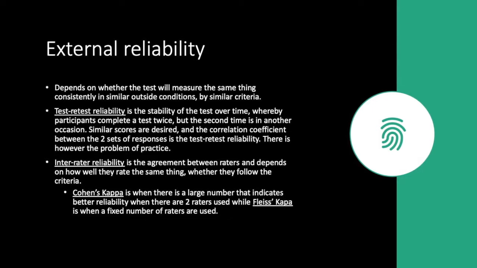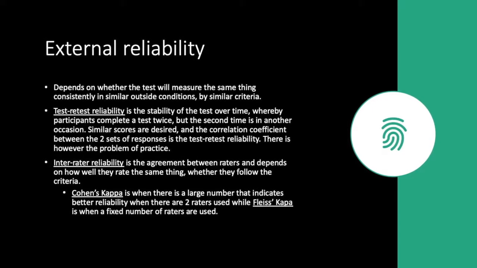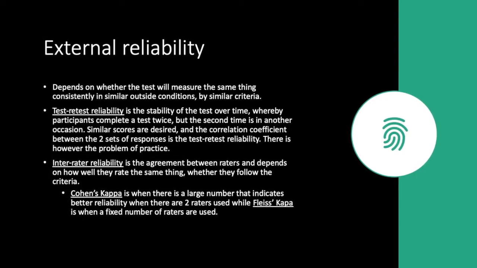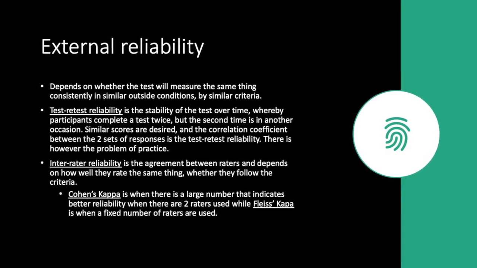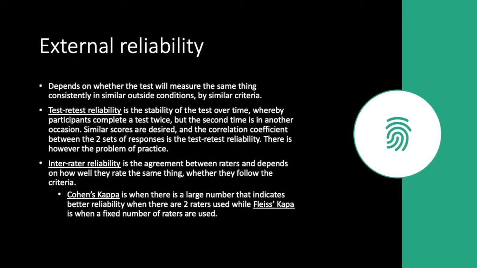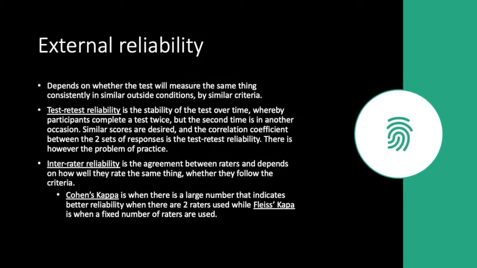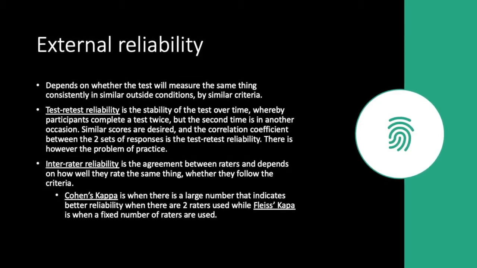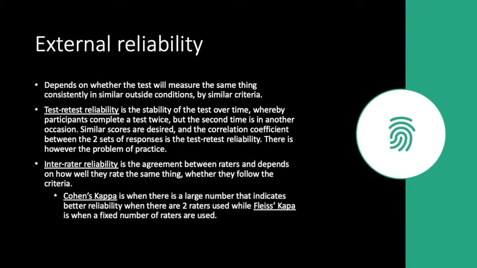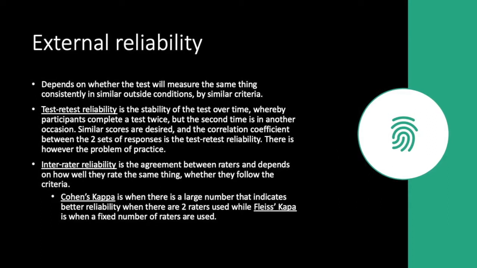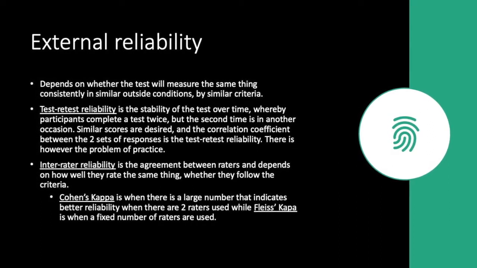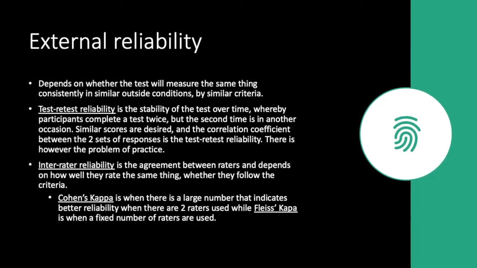Test-retest reliability is the stability of the test over time, whereby participants complete a test twice, but the second time is on another occasion. Similar scores are desired, and the correlation coefficient between the two sets of responses is the test-retest reliability. This is, however, susceptible to the problem of practice.